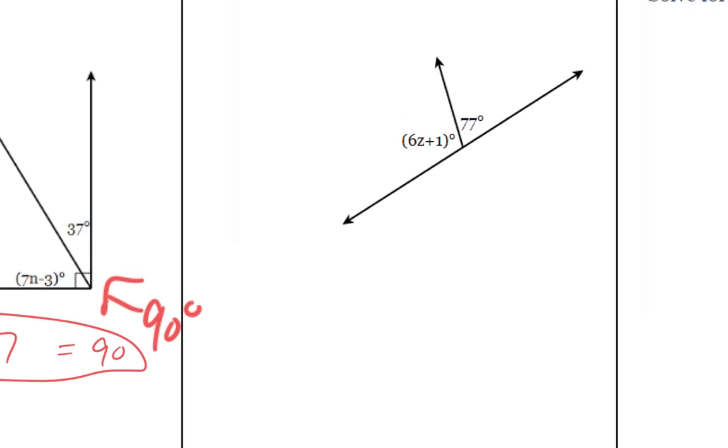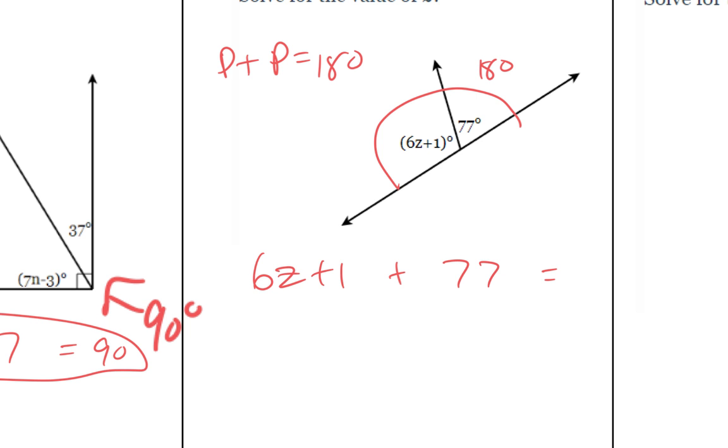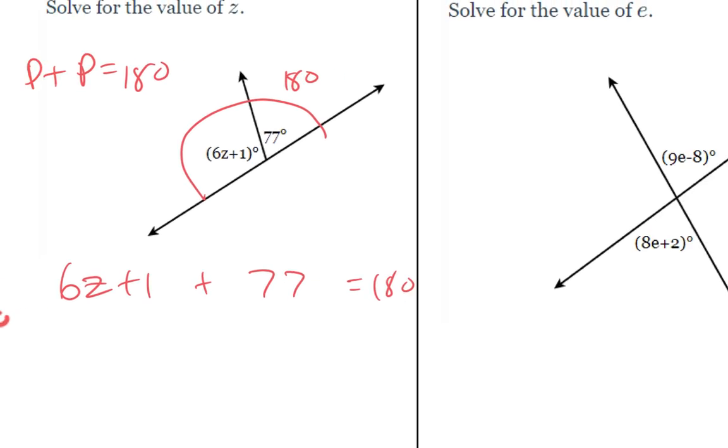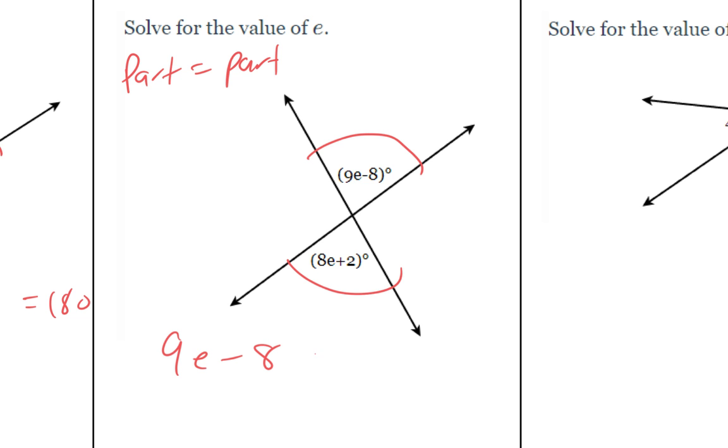All right, next, this one we're going to think adds up to 180, right? So we're going to think part plus part equals 180 on this one. So we would say 6z plus 1 plus the 77 equals 180, right? Next, on this one, we would say part equals part, right? We would say 9e minus 8 equals 8e plus 2.